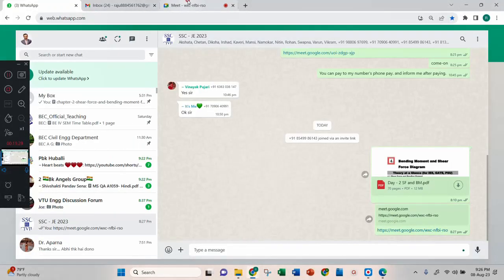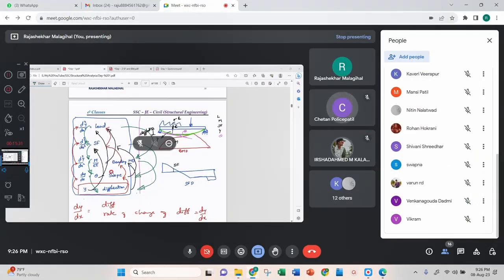Shear force. Rate of change of bending moment is shear force. Okay. Rate of change of slope. Bending moment. Okay. Rate of change of shear force. Load, sir. Okay. Rate of change of deflection. Slope, sir. Okay.